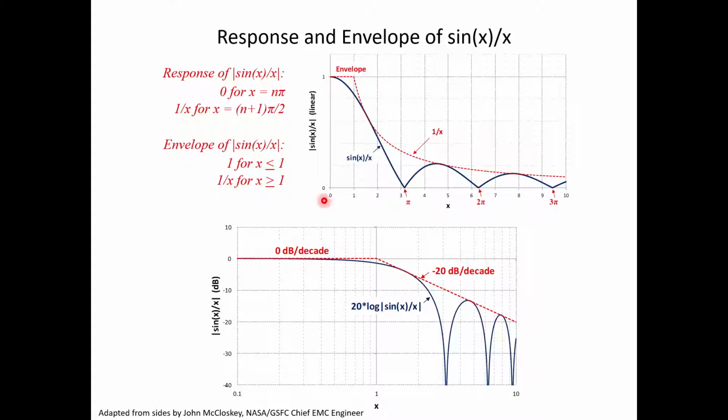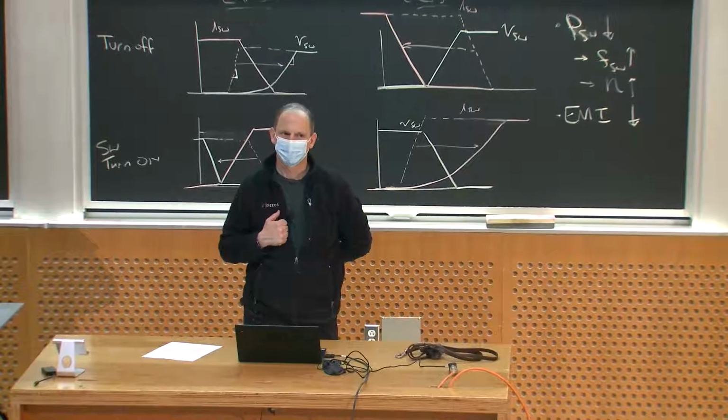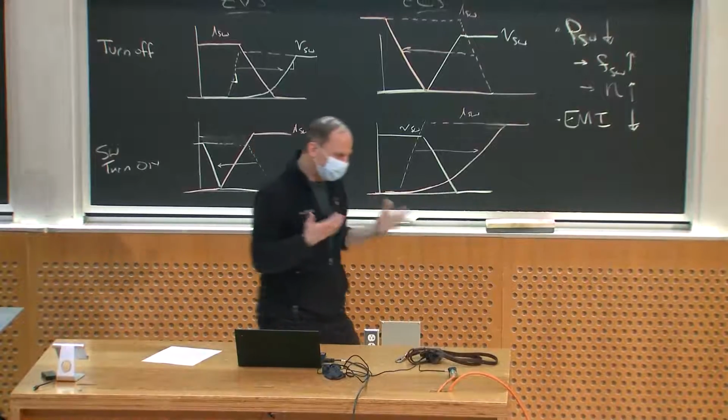This is on a linear scale, right? So at low frequencies it's constant, and then it falls off as 1 over x. Okay? If I looked at this on a log-log plot, what I get is constant up to x equals 1, and then it falls off as 1 over x, which is minus 20 dB per decade. Okay? So why am I bringing this up?